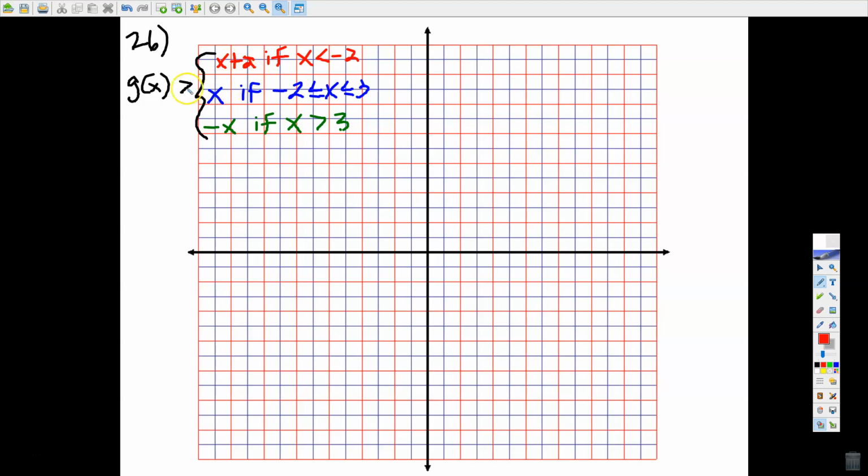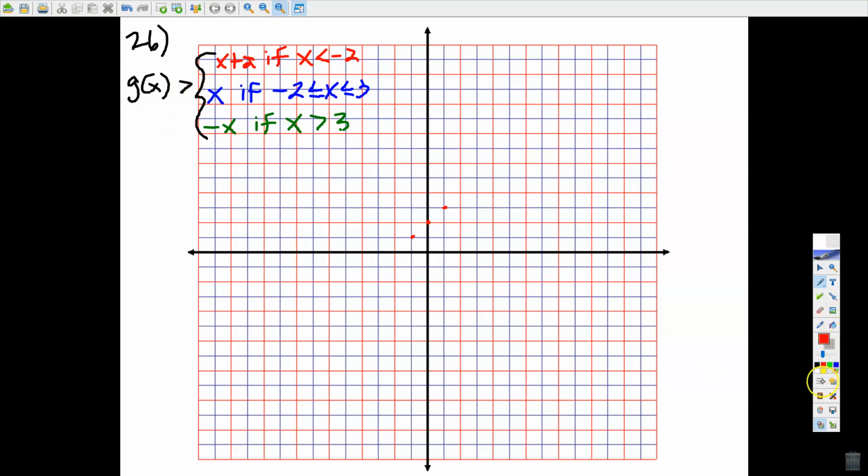If I told you to graph y is greater than x plus 2, the first thing you would do is think about the boundary line, y equals x plus 2: y-intercept of 2, slope of 1. Because it doesn't say greater than or equal to, we would do a dashed line.